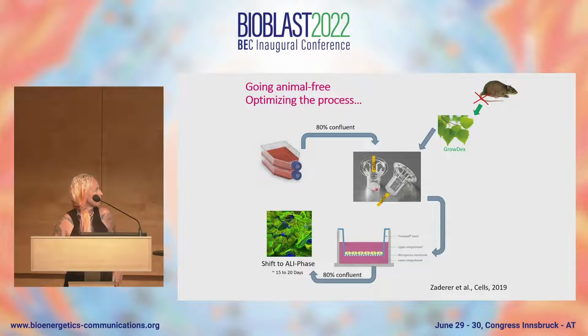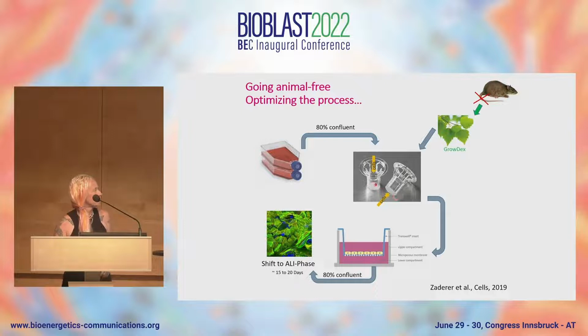The second optimization we did in this system was to seed the cells not inside the transwell, but on the bottom of the transwell. Because by this method, you can really use the same cells for multiple analyses. So for live cell analysis, you just have to take the transwell into a glass bottom plate and can do live cell analysis over time.